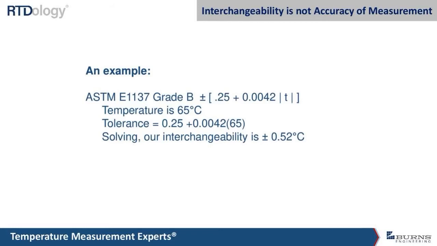A lot of people will look at that and go, oh, it's a class A, it's 0.13 degrees C, that's perfect for what I need. But in reality, you need to look at what that interchangeability is at the temperature where the probe is going to be used.